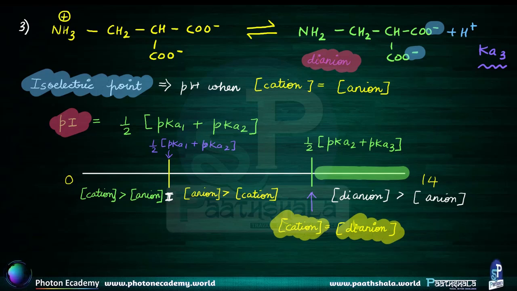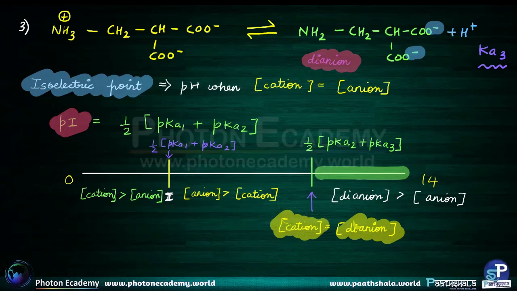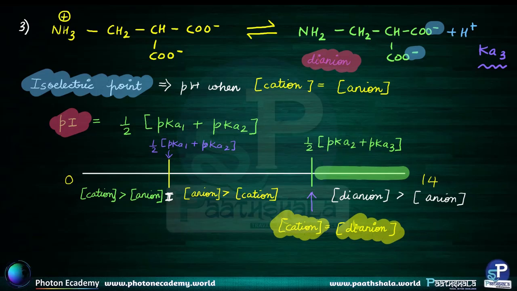We use the formula, but this is not as such an isoelectric point, because the main definition is that it is the pH when the cation and the anion concentrations become equal and no net migration occurs towards any electrode. So here, for an acidic amino acid, we have achieved the sequence of the Ka, the dissociation constants, as well as the concentration of cation and anion on a pH scale.